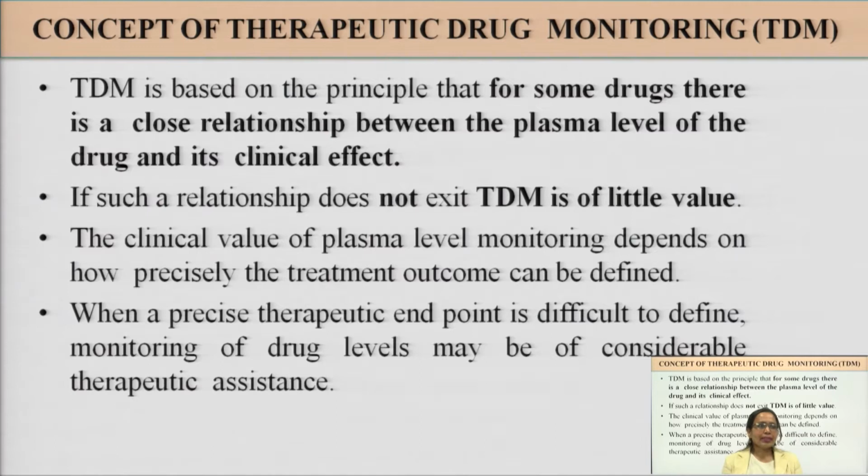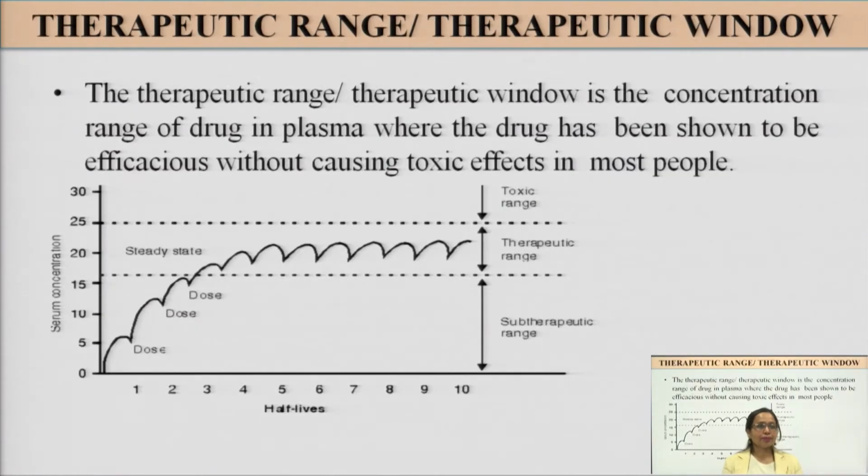The clinical value of plasma level monitoring depends on how precisely the treatment outcome can be defined, right. When a precise therapeutic endpoint is difficult to define, monitoring of drug level may be of considerable therapeutic assistance. In these cases, it is very much required.